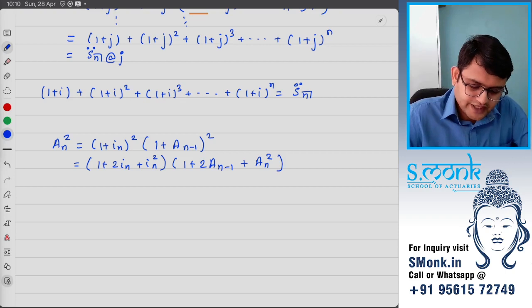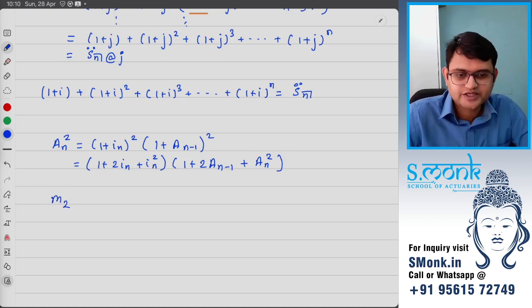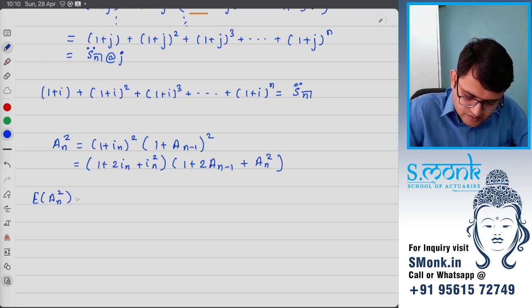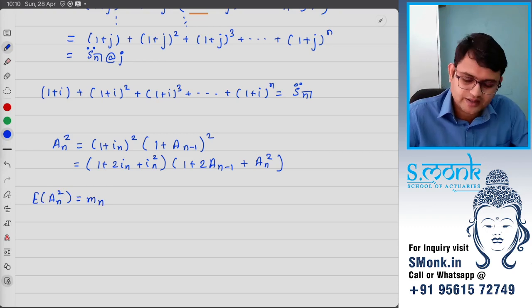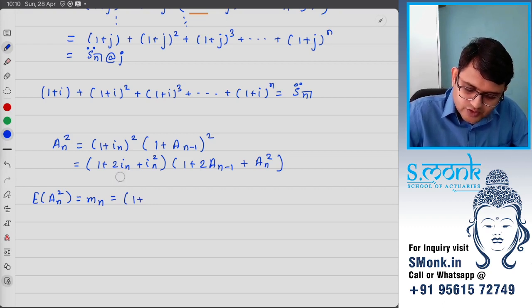Now if I want the expected value, that would be m2, the expected value of A_n square. That would be mn, sorry. That would be mn. That becomes 1 plus 2j plus j square plus s square, right?